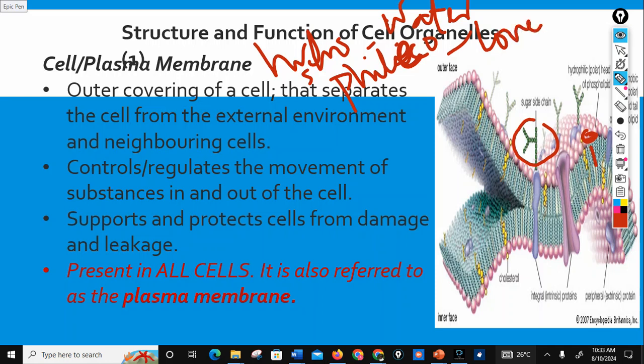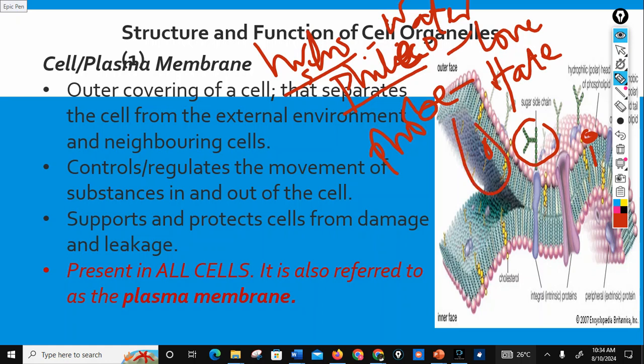So hydrophilic means water loving. So this head is a water loving head, and this tail is hydrophobic. Phobos is the Greek word for hate or fear. So hydrophobic means water hating.